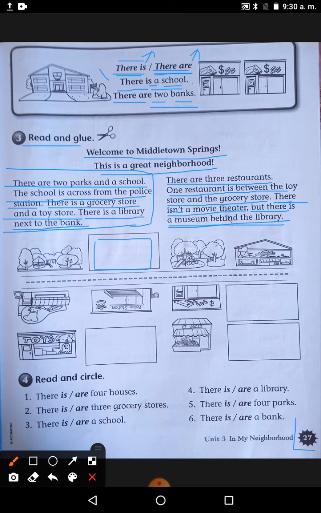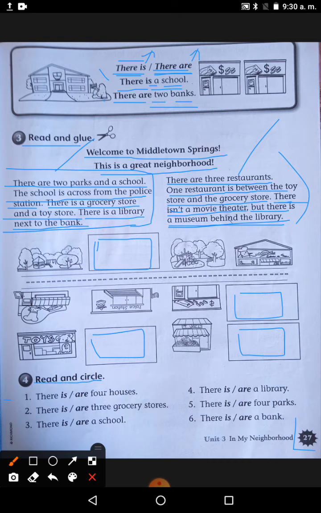Well, now it's your turn. According with these descriptions, you are going to glue in these spaces the correct picture of the place according with this. In activity number 4, you have to read and circle.